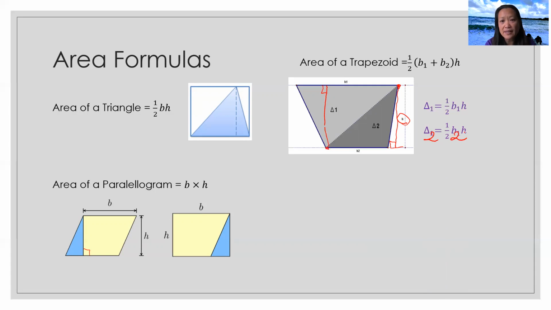Now, if you add these up, triangle 1 plus triangle 2, you would have 1/2 H, that's in common. I factor out the H, and then I have B1 plus B2, and that's what that is. That's pretty awesome. Area of a trapezoid is 2 triangles, so 1/2 base 1 plus base 2 times the height. That is the same for both triangles.